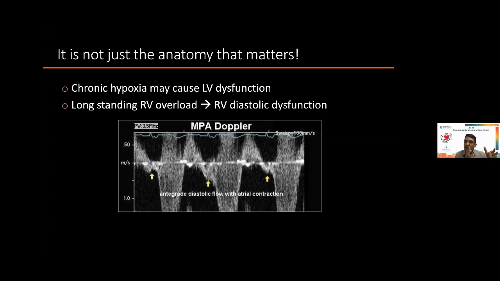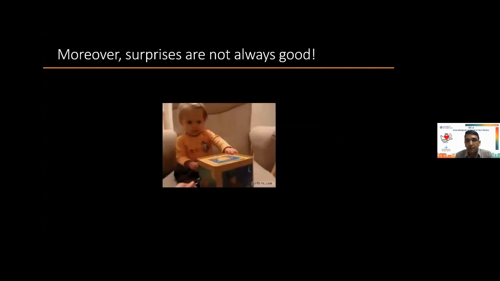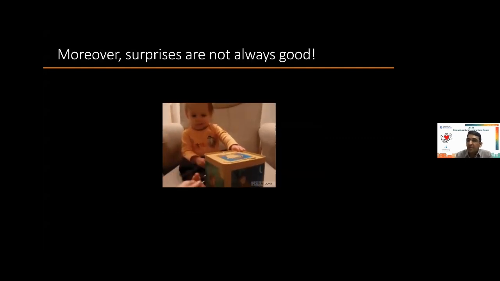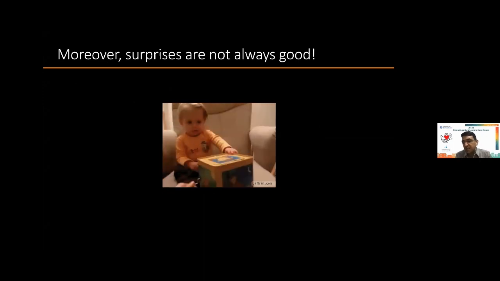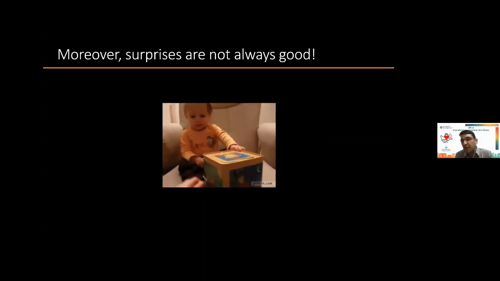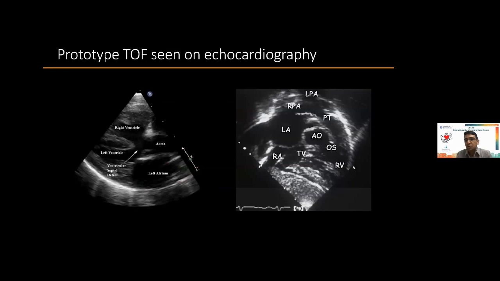So what we need to do during echo is a detailed anatomical assessment, all the variables which are going to determine the surgical repair. Number two, we need to assess the physiology of both the ventricles, how it is going to behave after surgical repair. Moreover, surprises are not always good. And that is why you need to give as much information as possible to the surgeon so that they don't come back and say that this was not known to us.